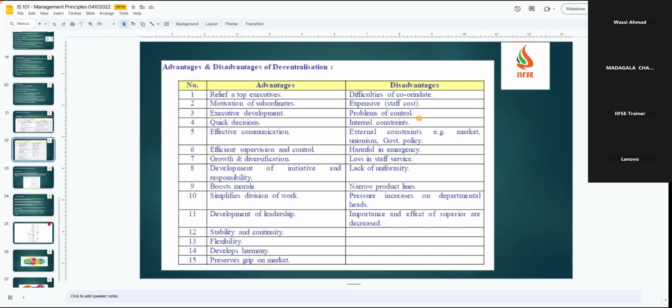Then problems of control. When we talk about executive development and the problems of control, on one side it will develop the people, and in the same way there are problems created by the people. More people means more problems.